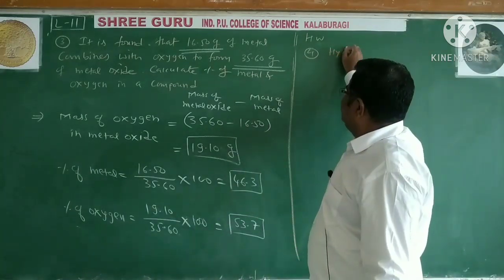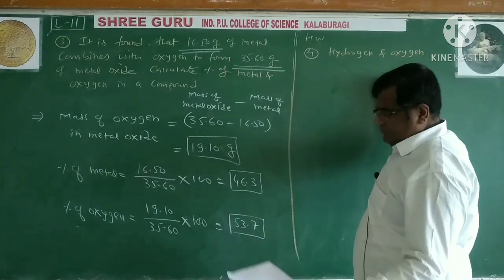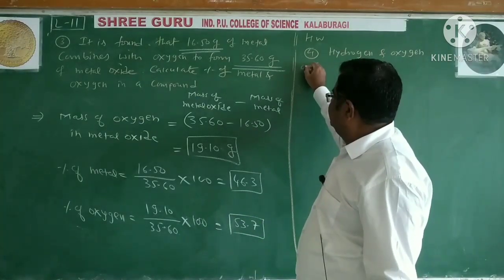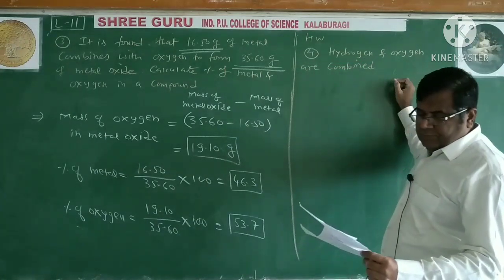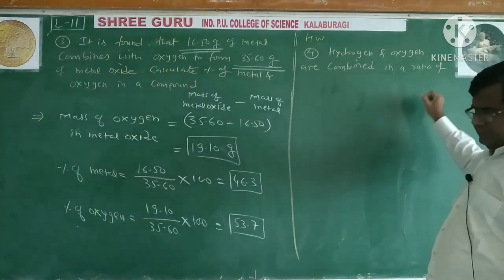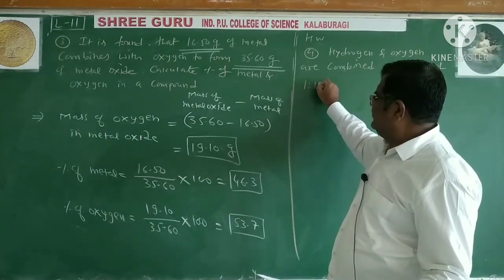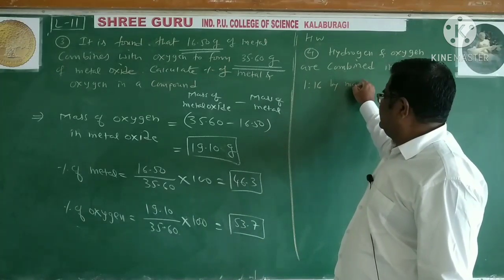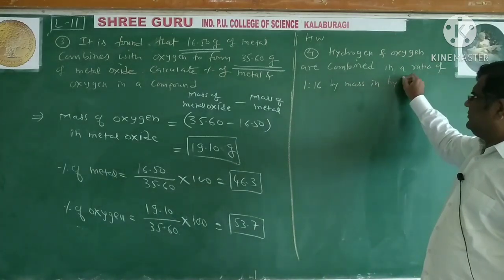Hydrogen and oxygen are combined in a ratio of 1:16 by mass in hydrogen peroxide.